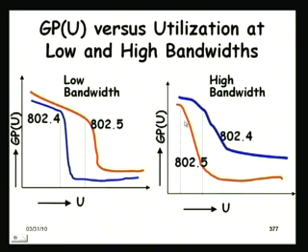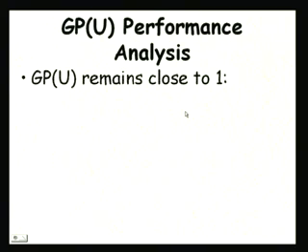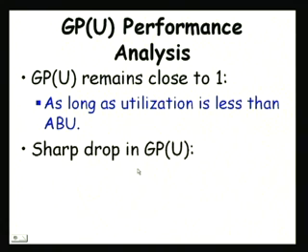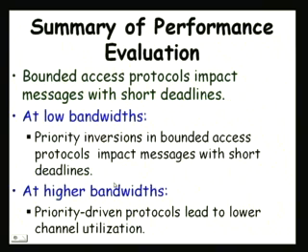So, even if it is considering the priority of the messages, the wastage of bandwidth is causing it to perform worse than the 802.4. So, the GPU remains close to 1 until the utilization nears the ABU, the absolute breakdown utilization, and then sharply drops.